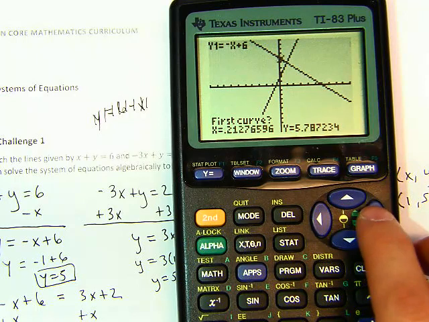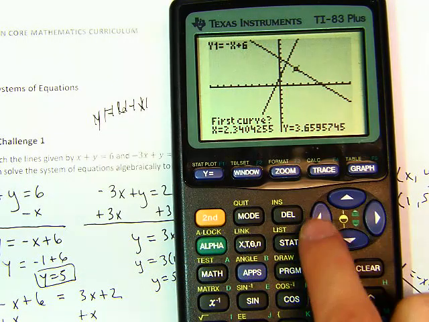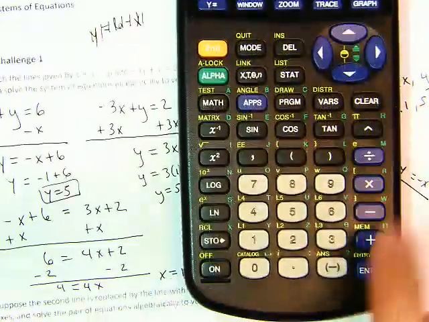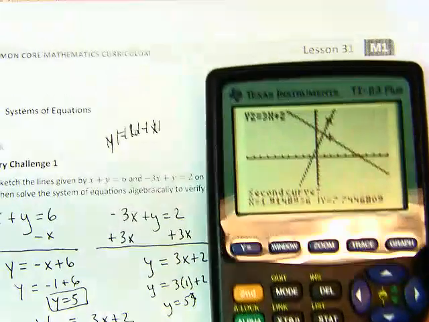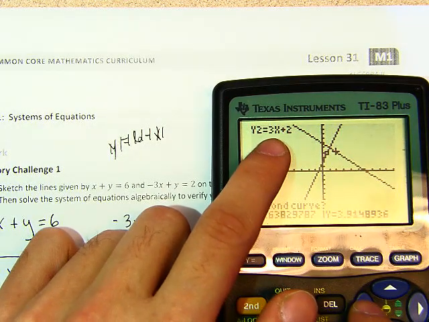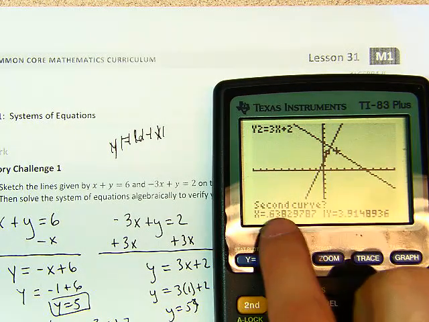And then from here, you basically choose a point that is on this line and that's close to this line. So let's say it's over here. We just hit enter, right? And now it says, let's look at the other line. Oh, and it even tells us right here. It says that y2, that 3x plus 2, which is this line, we just kind of estimate the second curve.